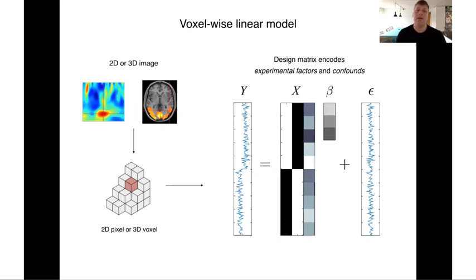And again, these can be either one-dimensional ERPs, or they can be 2D time frequency representations of changes in power, or they can be source activities in 3D voxel space, in MNI space. And the design matrix X will then encode all experimental factors and confounds.